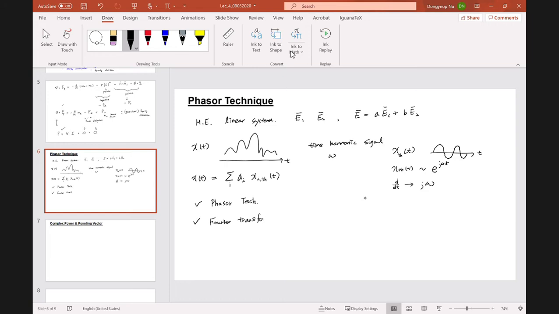I'm going to show you the simpler method, which is the phasor technique, in this lecture. But in the PDF lecture note, you can find the explanation of the Fourier transformation.